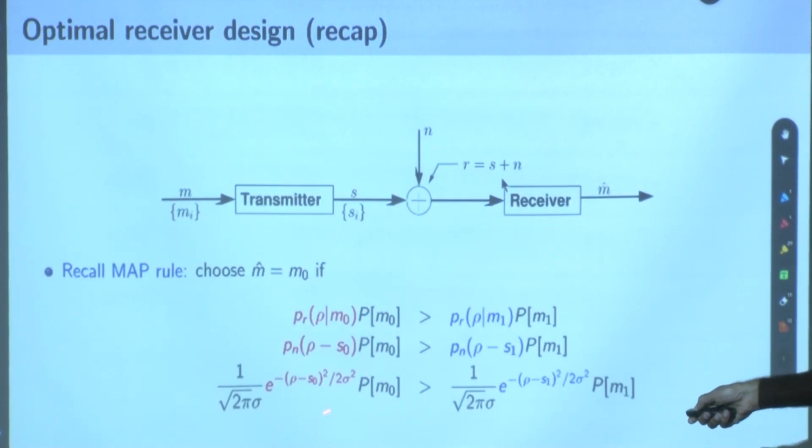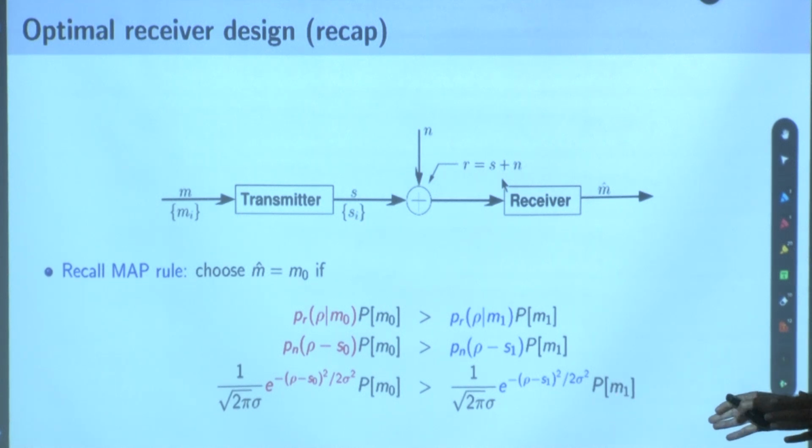This is the PDF of a Gaussian, scaled by the a priori probability of message M naught being transmitted. Similarly, this is the PDF of another Gaussian, scaled by the a priori probability of M1.